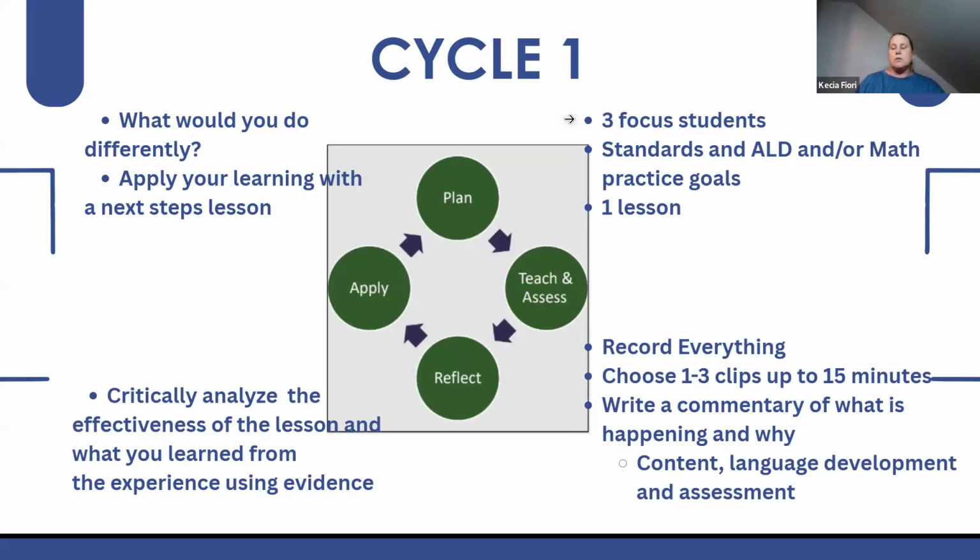Your second focus student is a student who struggles in math or the content that you're going to be doing. And the third student, before I jump to the third student, your second student can be a student with an IEP or a 504, but it does not have to be. It could just be a struggling math student.